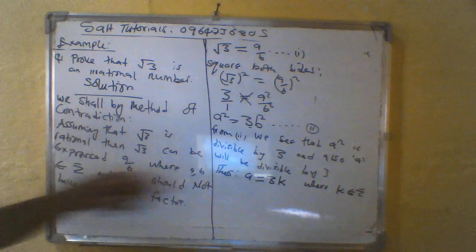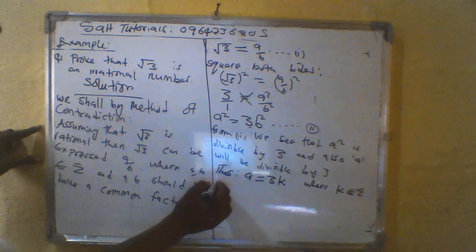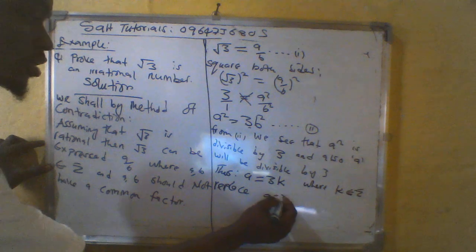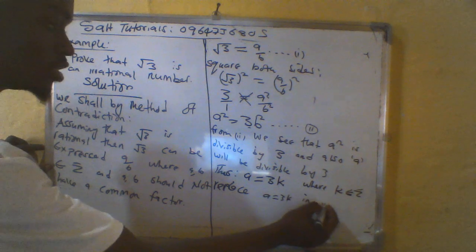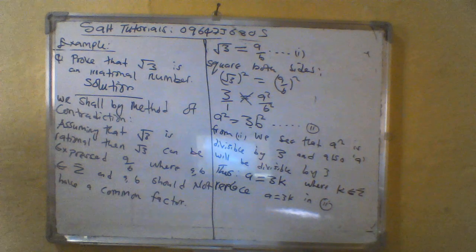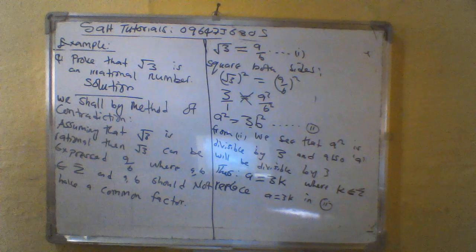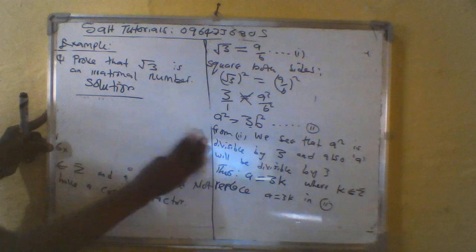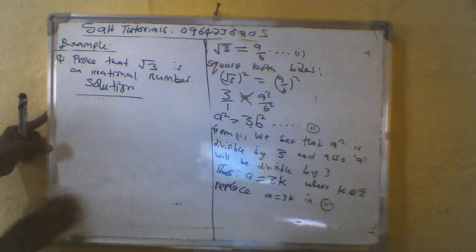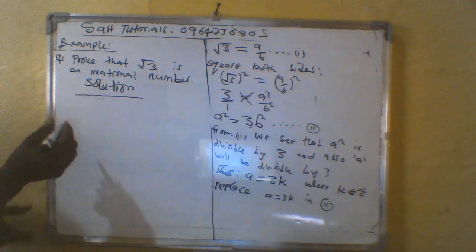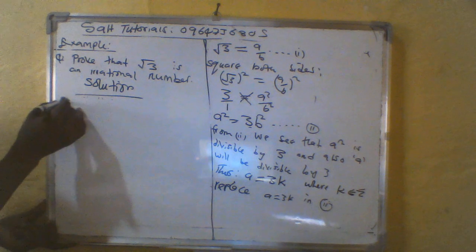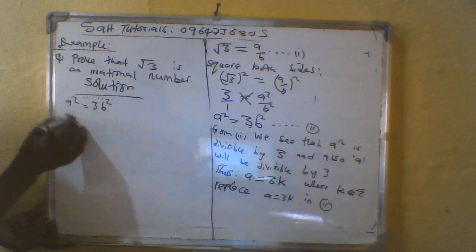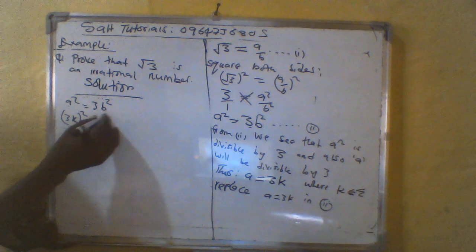So replace a in the second equation. Replace a equals 3k in equation 2. What am I going to have? If we had a squared equals 3b squared, now (3k) squared equals 3b squared.